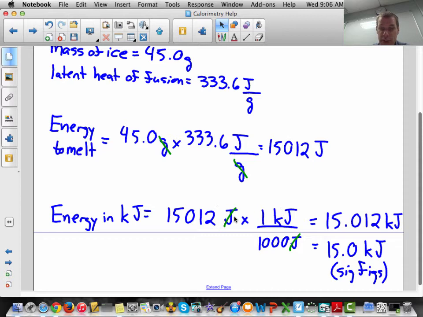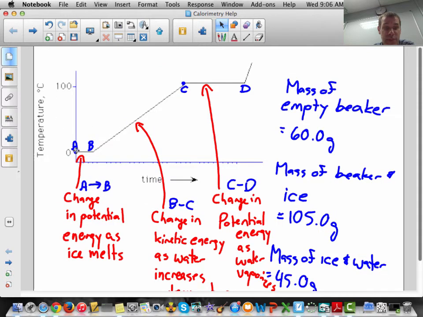Again, use the factor label method, and you'll be left with 15.012 kilojoules, or with the sig figs, 15.0 kilojoules of energy required to melt your ice. That's going from A to B on the graph. If you need to, pause the video and complete that calculation for yours.